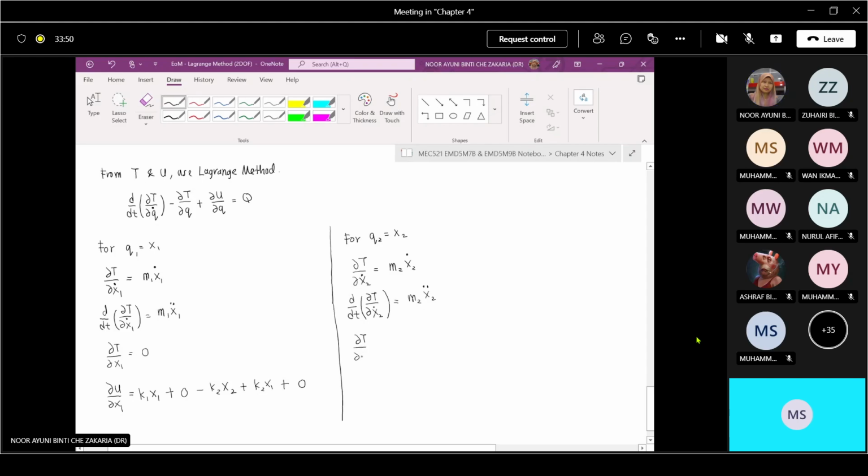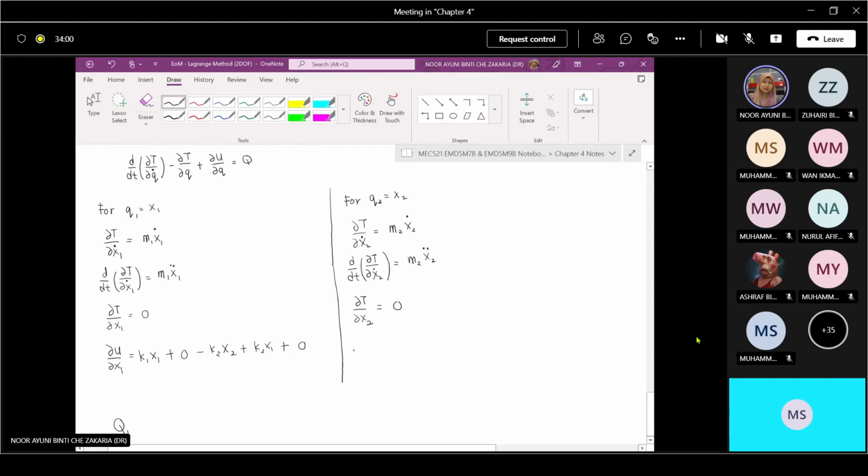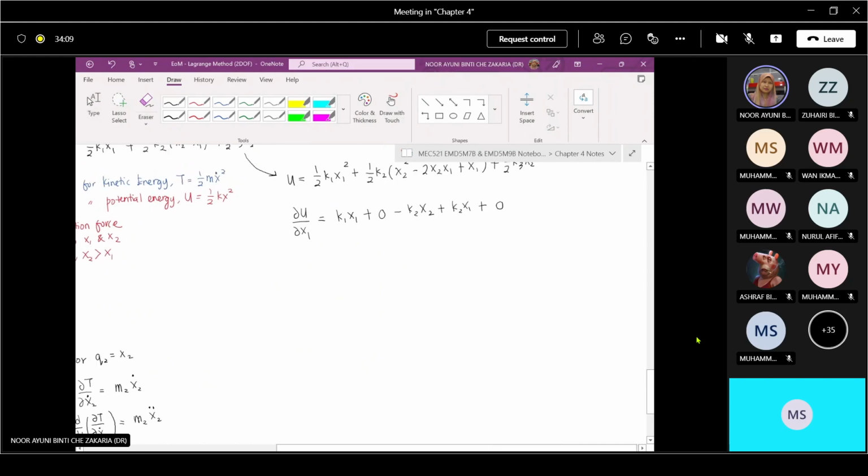Kinetic with displacement of x2 is also 0, and then potential against the displacement.